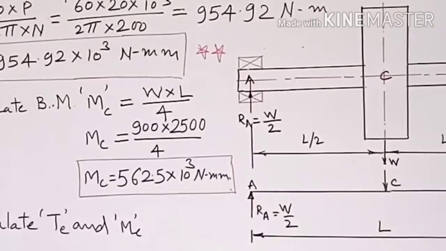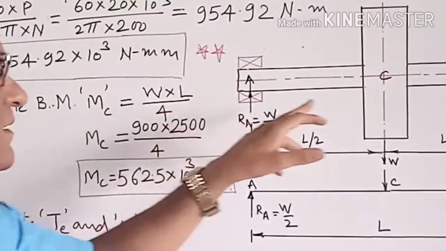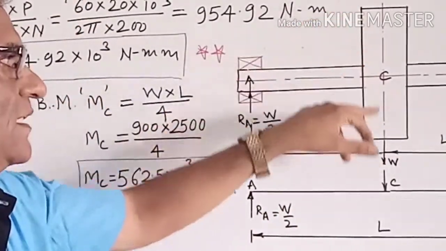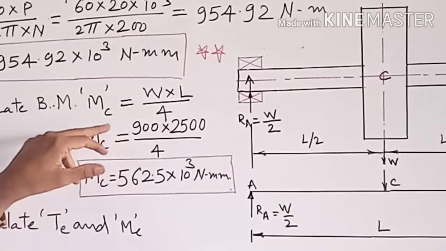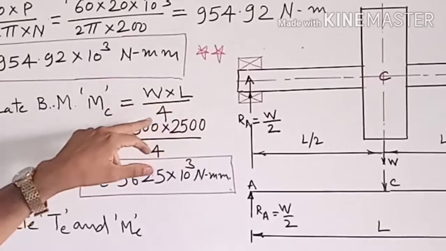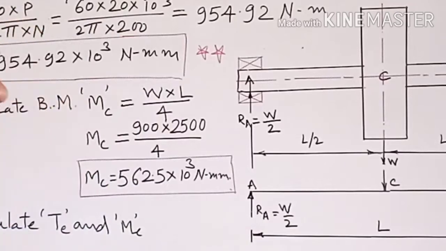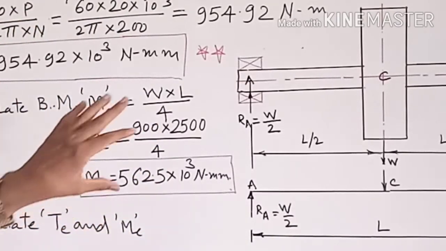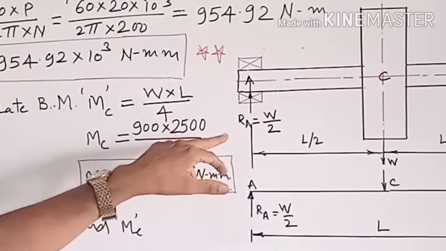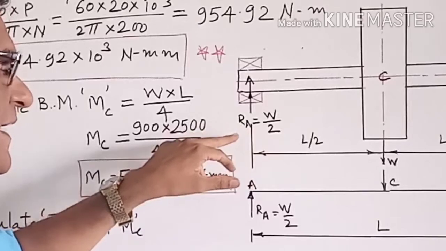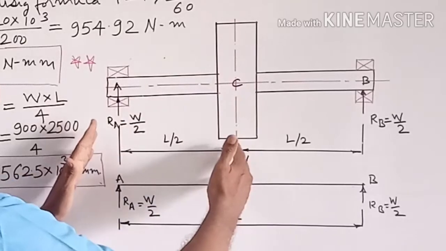Now the second step is calculation of maximum bending moment. As the shaft is simply supported and centrally loaded, the maximum bending moment is given by W into L by 4, where W is the central load and L is the total length of the shaft. Now we already know how the maximum bending moment is calculated. The reactions RA and RB are equal to W by 2, and this distance is L by 2.